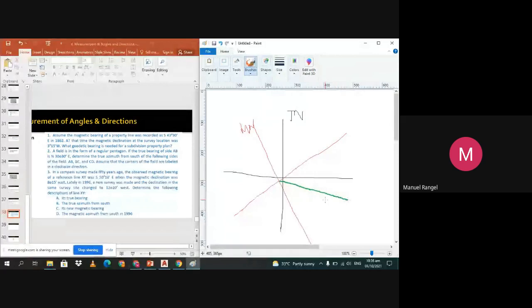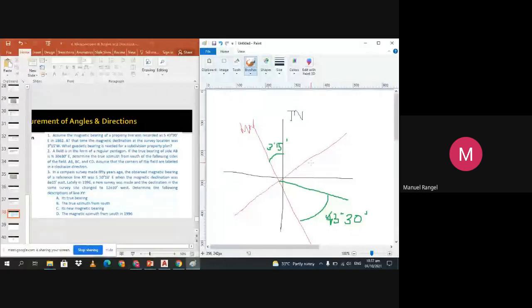So that is the bearing, 43 degrees 30 minutes, and a declination of 3 degrees 15 minutes west. So that is the declination. It is small, so I made a mistake in the drawing.